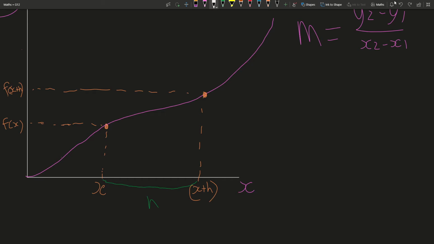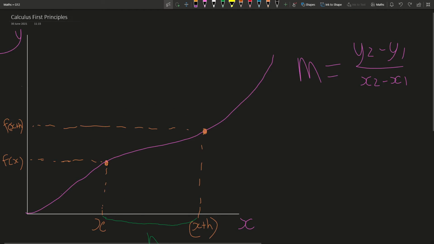So this x could be over there, or over here, or even over there. We're just going to pick this point to prove our theorem off of that. So we want to find out what is the gradient at x.